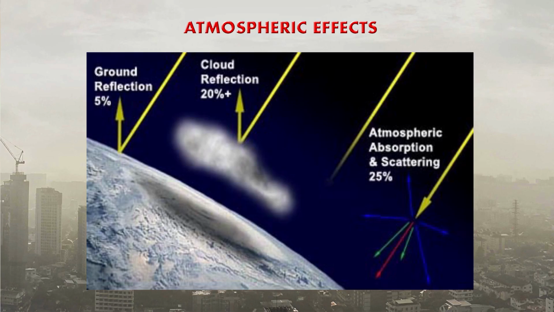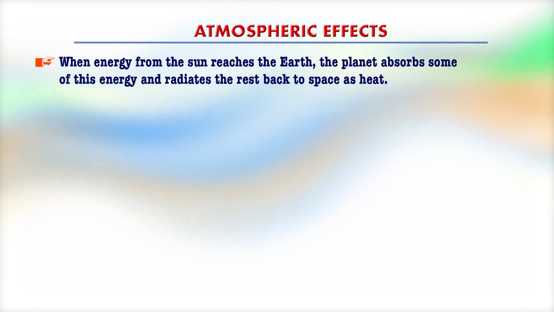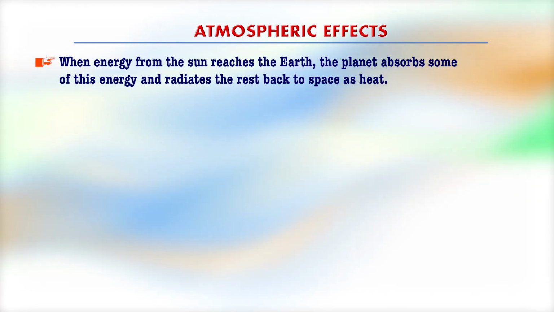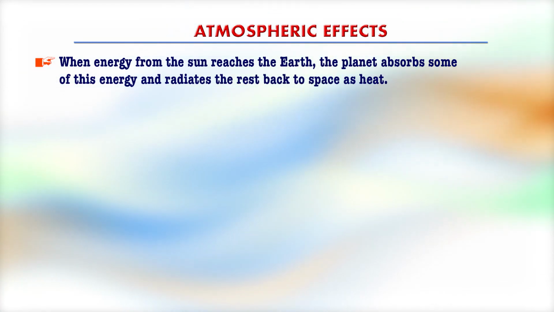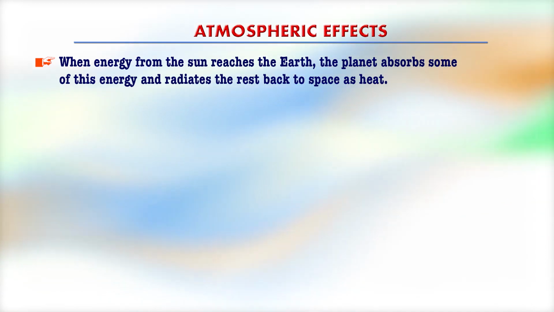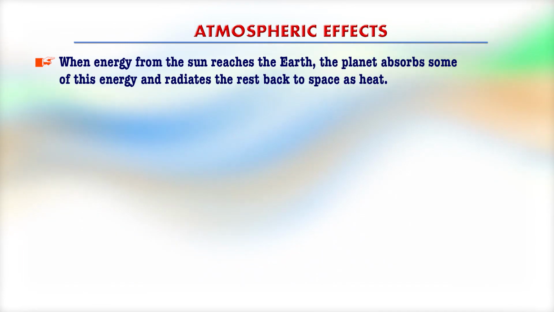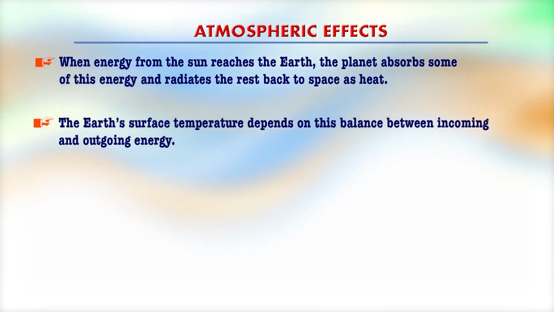First we have to understand the atmospheric effects. So what are atmospheric effects? Whenever energy from the sun reaches the earth, the planet absorbs some of the energy and radiates the rest back to space as heat. The earth's surface temperature depends upon this balance between the energy incoming from the sun and the energy radiated back.